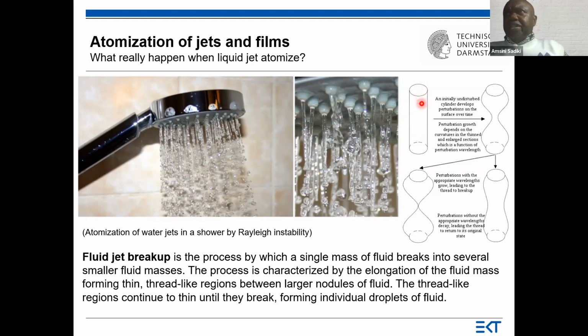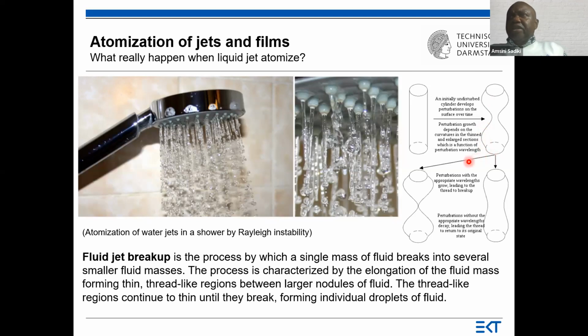What we have here is an undisturbed cylinder. This cylinder develops perturbations on the surface over time. These perturbations grow, and this growth depends on the curvature we have here in this thin part and the large section, which is a function of the perturbation wavelength. This is an explanation if we consider Rayleigh instability.